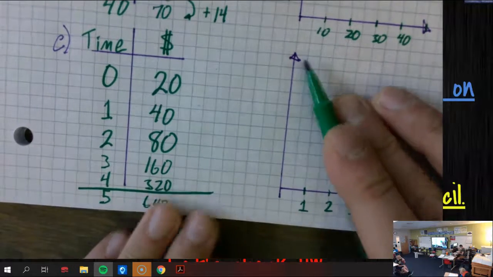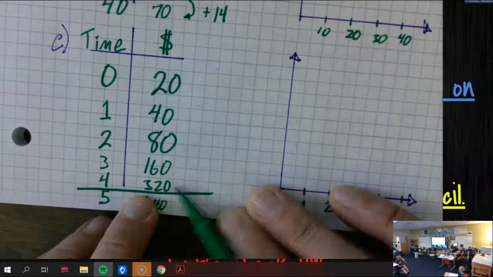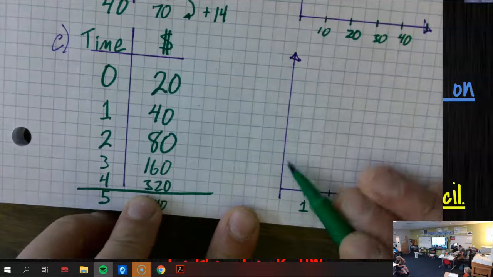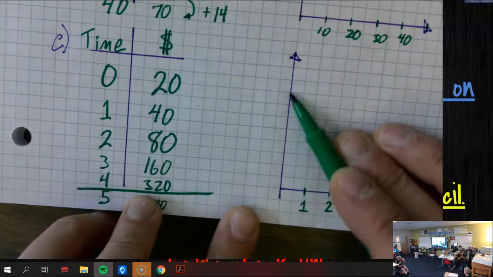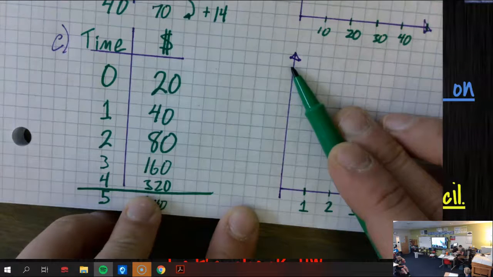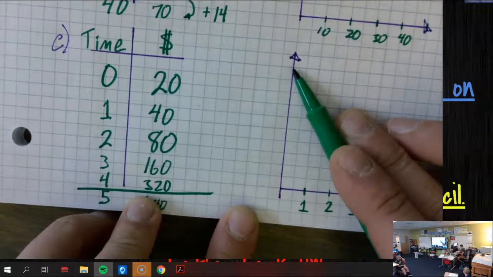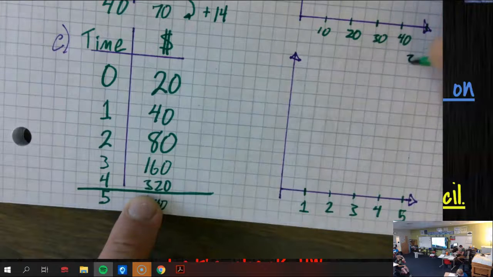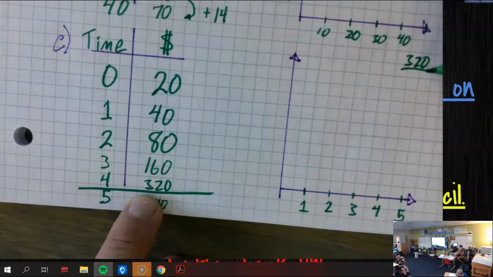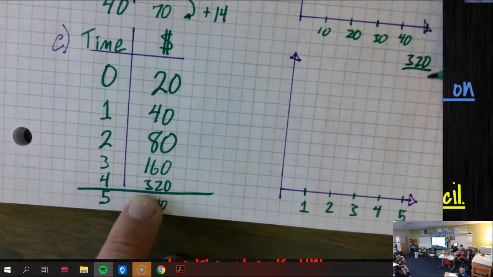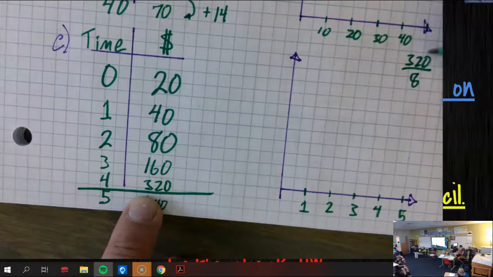So we need to cover 320 in 1, 2, 3, 4, 5, 6, 7, 8, 9, 10. So choose a number, either the number of boxes you have or less. If I'm thinking about 320, would 10 work better with 320 or would 8 work better? 8 would actually work nicer.